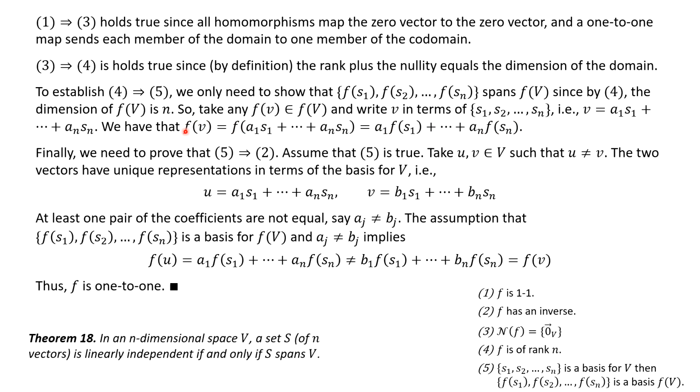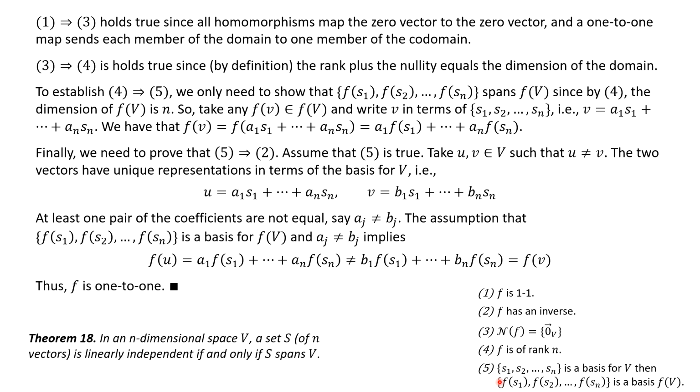And so we have for any F of v in the range, F of v can be written in terms of this set of vectors. So in other words, it spans, and then by theorem 18, these are linearly independent, and we've shown that the set is a basis.